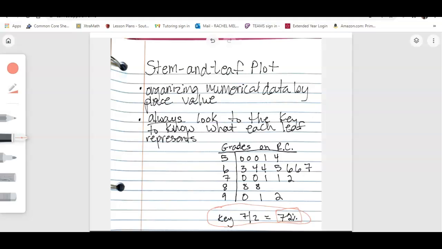So this stem and leaf plot is talking about grades on a report card. We call these numbers right here the stem, and we call these the leaves, the leaf. I want you to think about a tree. So I have a tree over here, and I have all of these limbs.